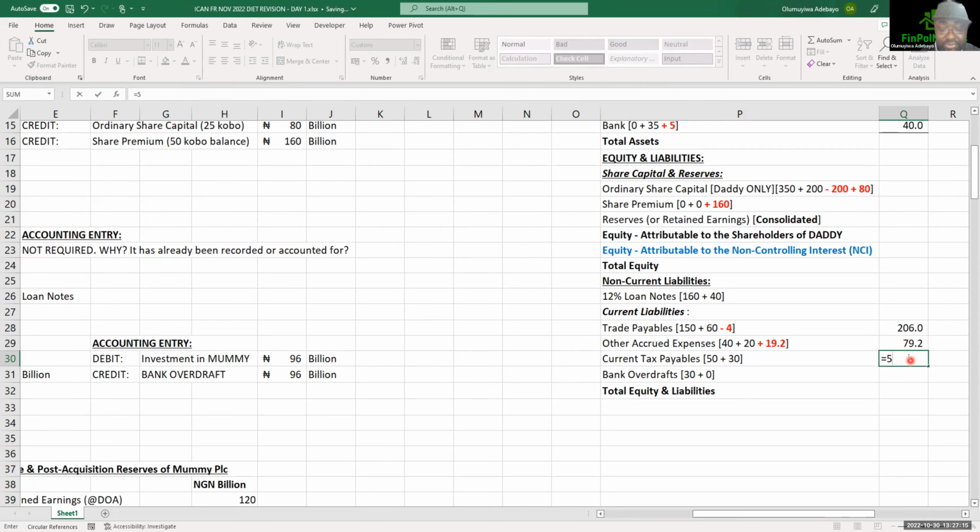Current tax payable, 50 plus 30, that's 80. Bank overdraft, 30 plus 0. Plus, don't forget, there's an element of overdraft in our acquisition, this cash consideration. If you remember, we had it here in our entry, bank overdrafts. That's 96. All things being equal, now check.